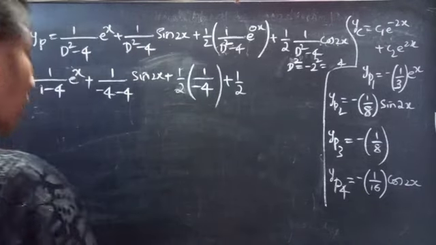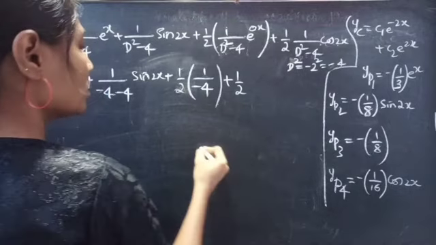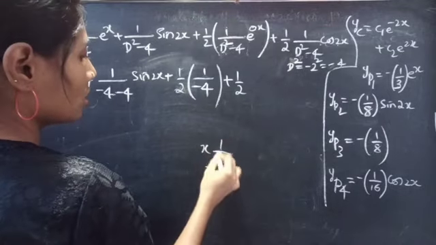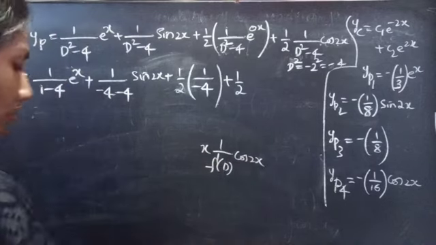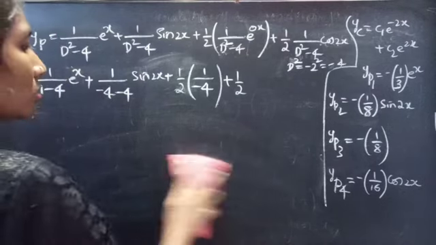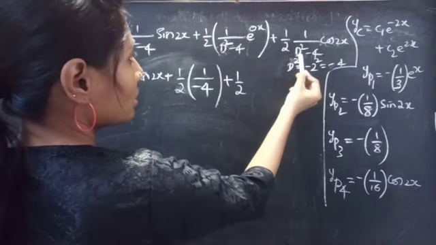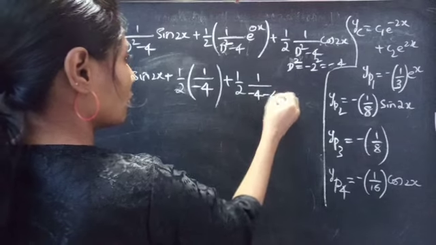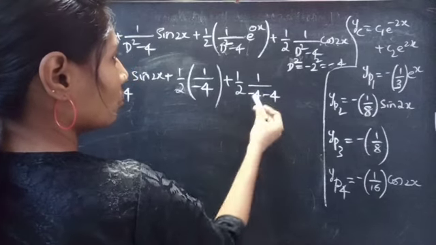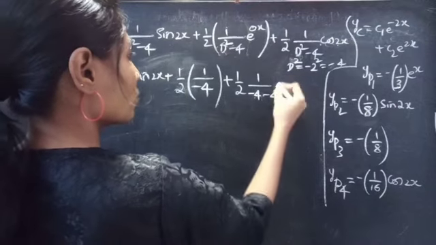Then we can't replace d square by minus 4. Then we'll just write 1x and find f dash of d into cos 2x, and we'll go for that process. But in this case, if we replace d square by minus 4, the denominator becomes non-zero. So we can write directly 1 by minus 4 into cos 2x.